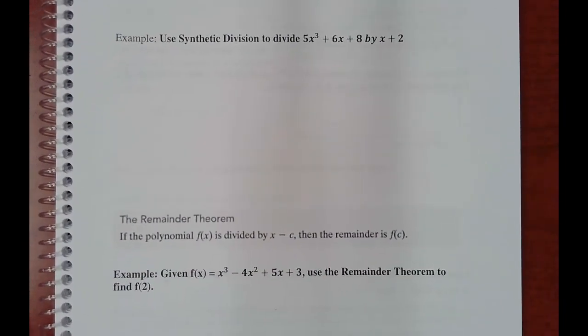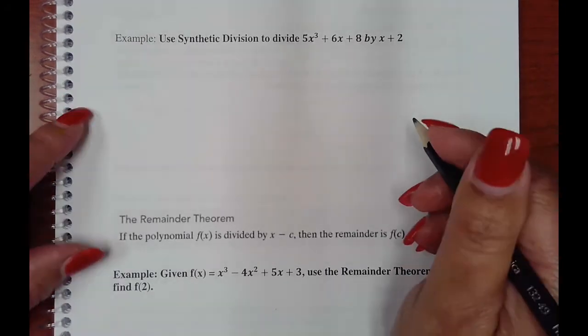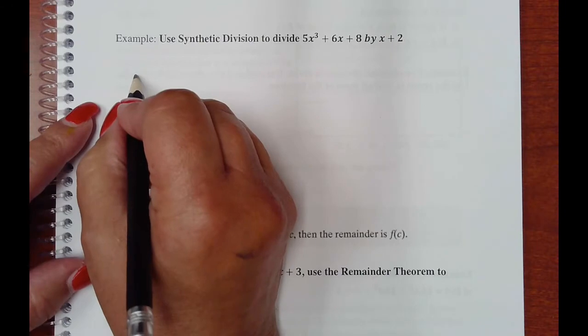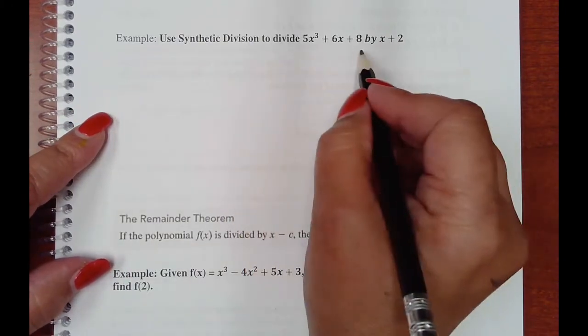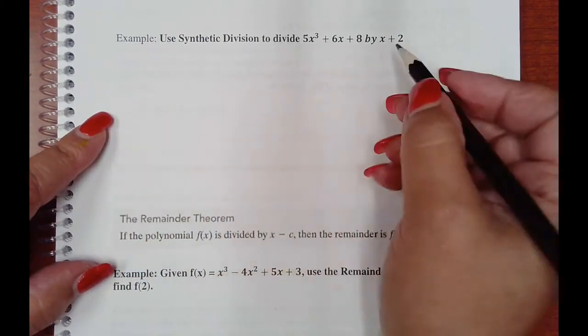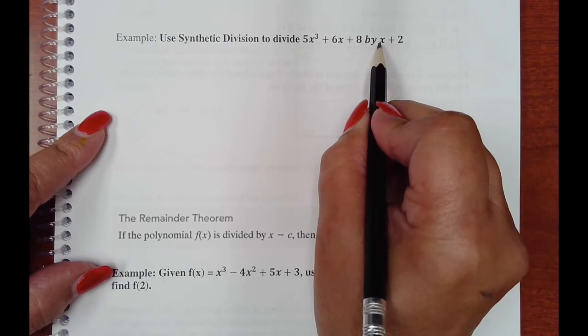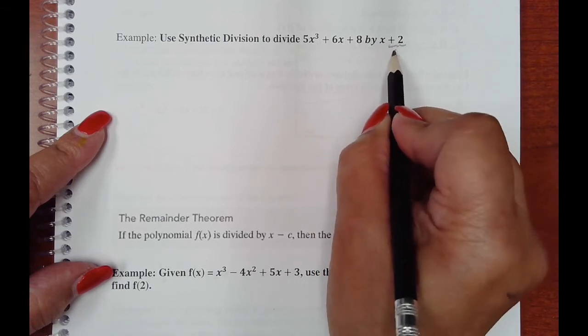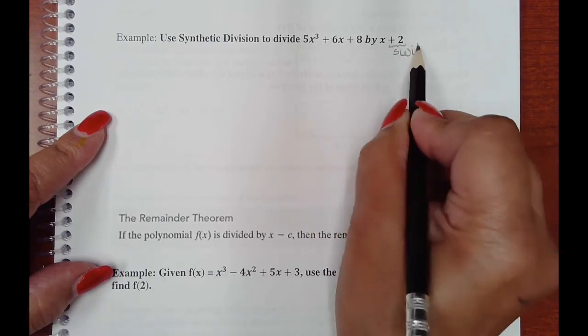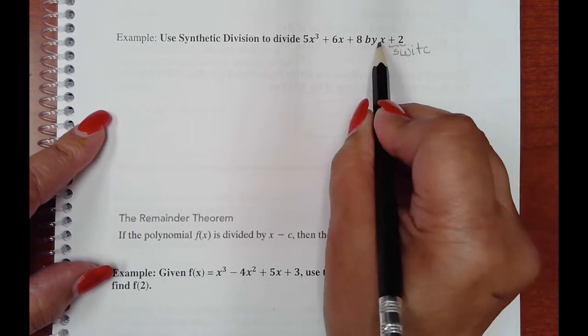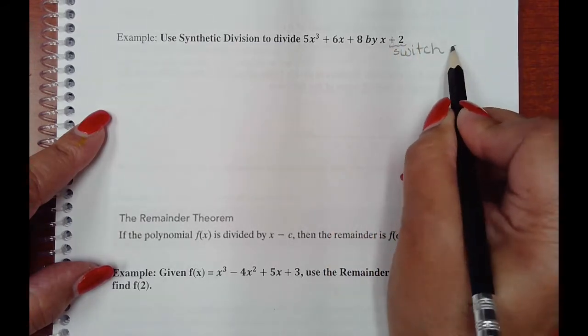Use synthetic division to divide 5x cubed plus 6x plus 8 by x plus 2. So we're going to take all the coefficients and arrange them horizontally. This value that's going to be in the synthetic division box is attached to an x, and therefore you are going to switch the sign as you break this value apart from the variable.